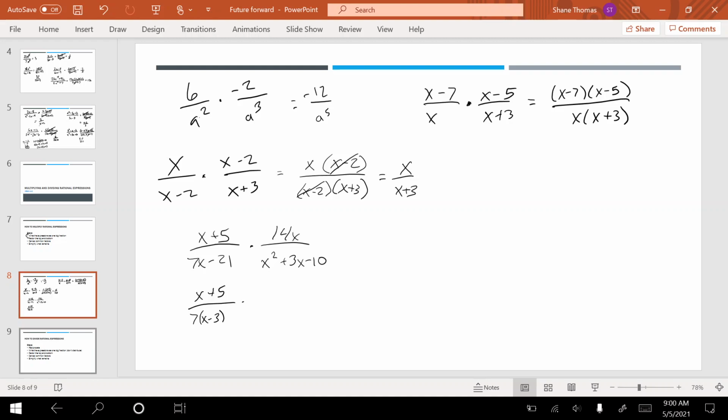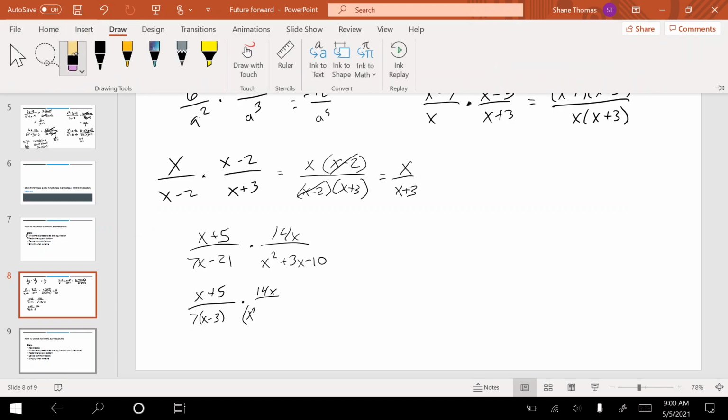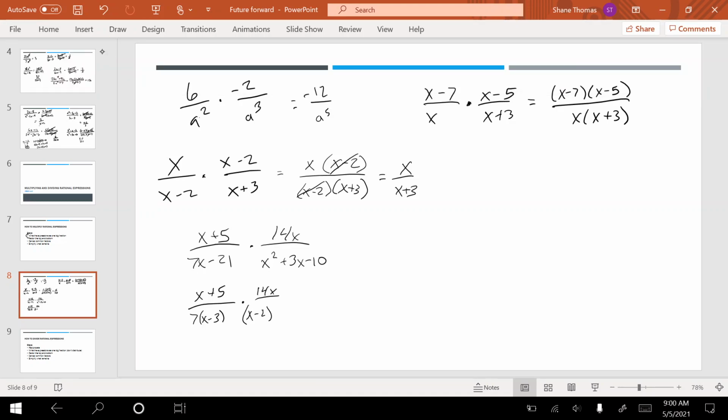Okay. Can I factor a 14x? No. Can I factor x squared plus 3x minus 10? Yes. What's it going to factor to? Okay, so x minus 2 and x plus 5.